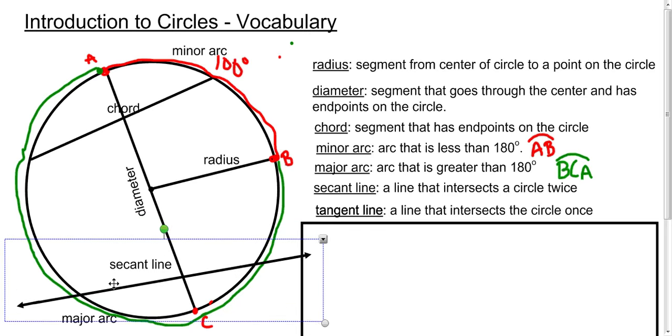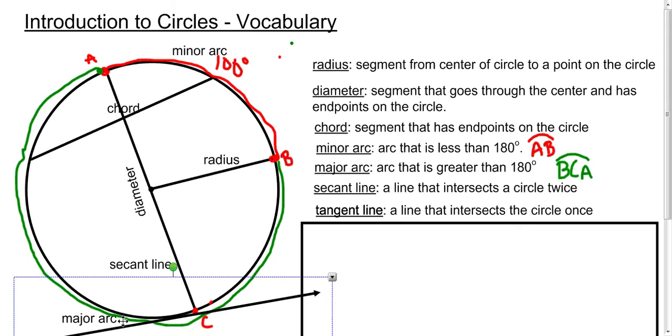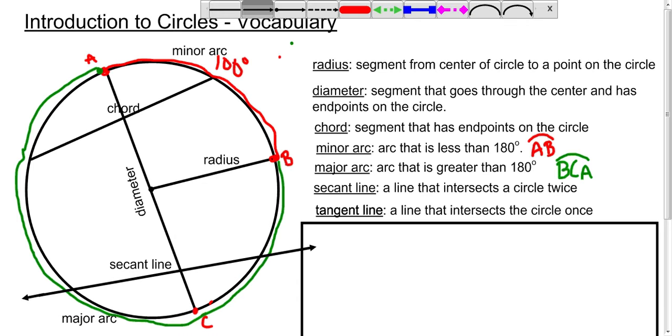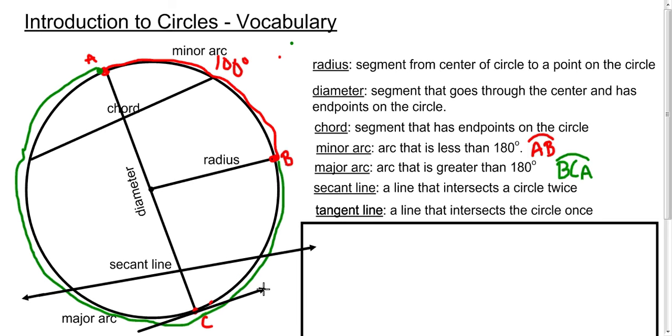So how can we have a tangent line? Well, if I move it down here, eventually it'll just touch one point, like right there. So let's draw that in. That's a tangent line. We'll have a tangent at C. The point of tangency is point C here, where it just barely grazes that circle. So that is our tangent line.